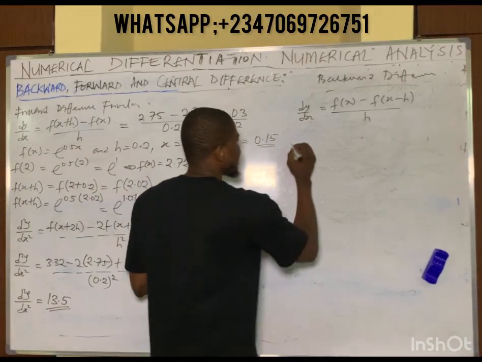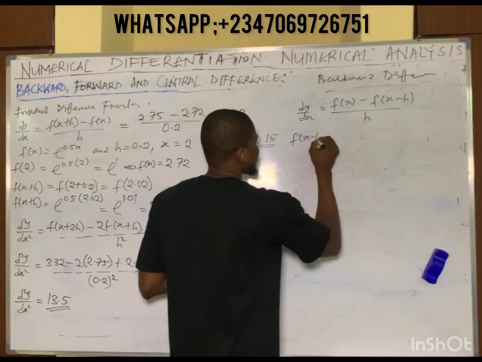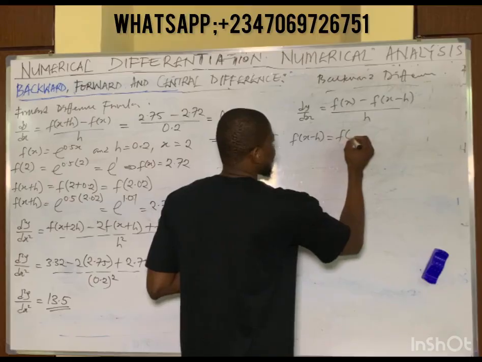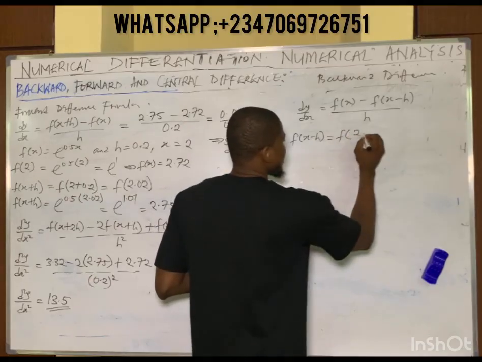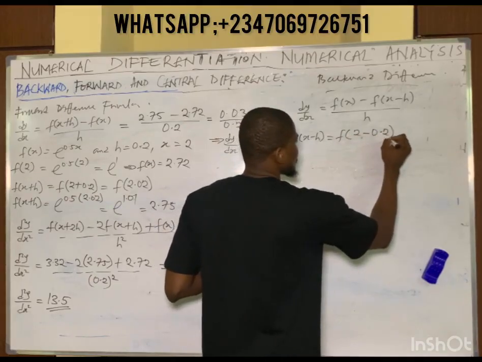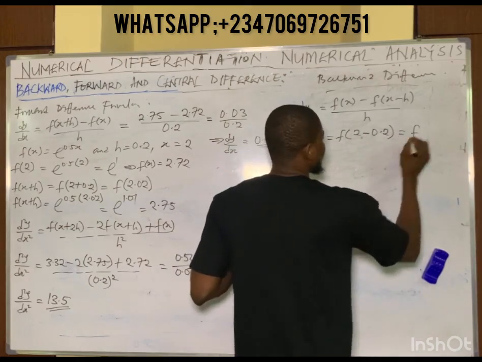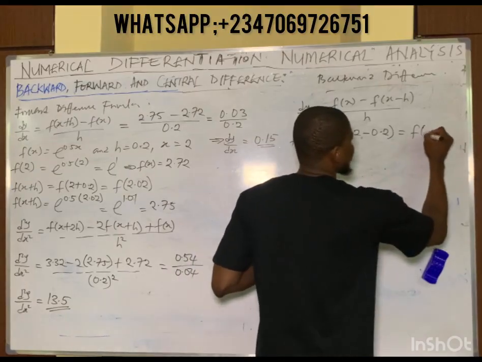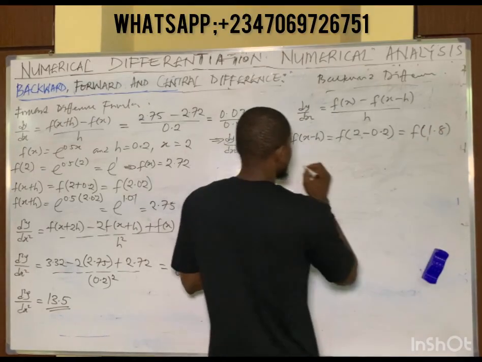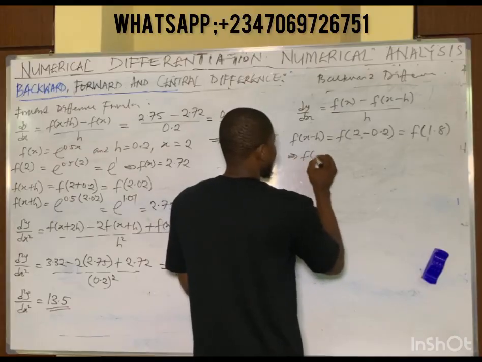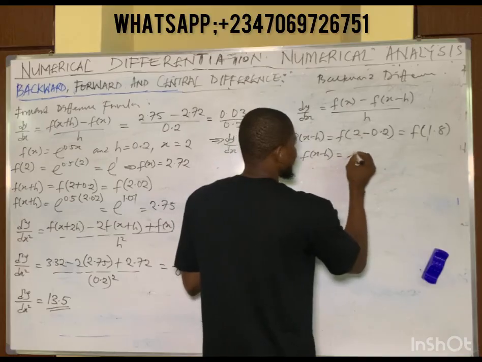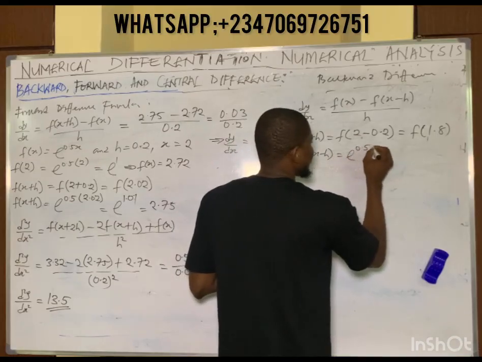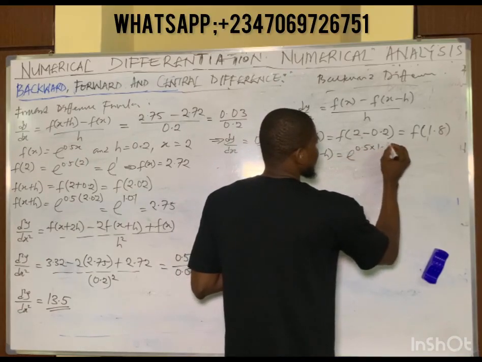Now we need to find f of x minus h, and that is simply x itself is 2, given in the question, minus h is 0.2. So that is going to give us f of 2 minus 0.2 should be 1.8. So that's f of 1.8. So this simply implies that f of x minus h becomes exponential 0.5 multiplied by 1.8.